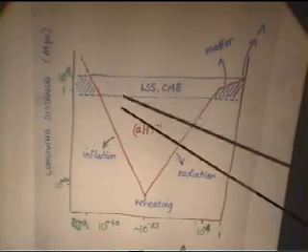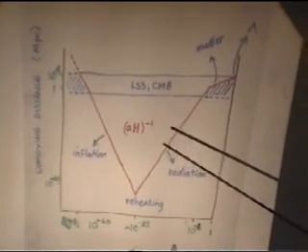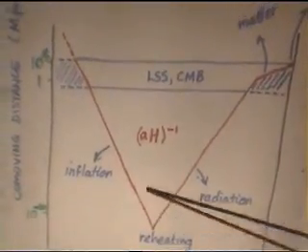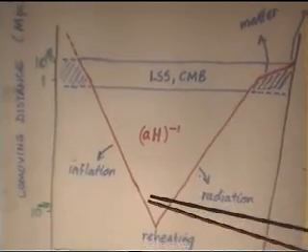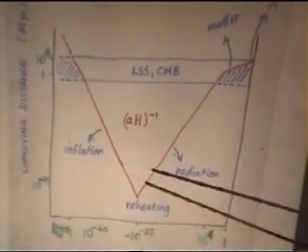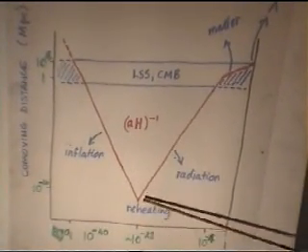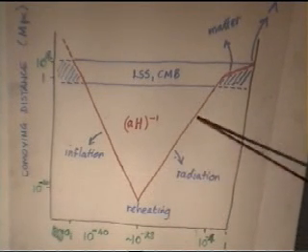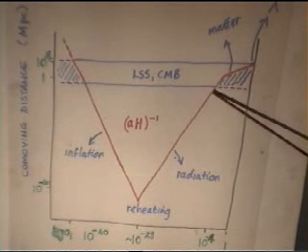The red line gives me the co-moving Hubble radius. During inflation, it is decreasing. So it's going like 1 over a, so on a log scale, it's just a straight line, approximately. During the radiation-dominated era, it's increasing like a, so on a log scale, it's a straight line with slope 1.